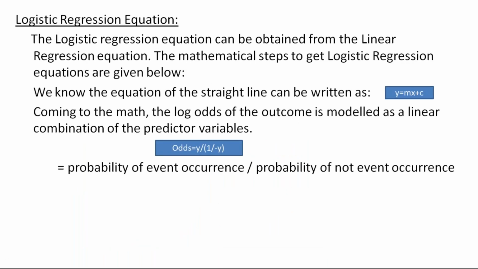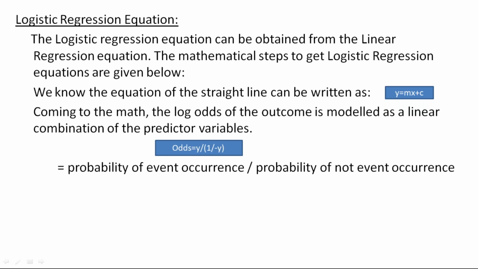Right? And now, like in linear regression, here also we need to frame a logistic equation. So what can be the logistic equation for predicting 0 or 1 or something else? And I told you, this is somewhat very close to linear regression.